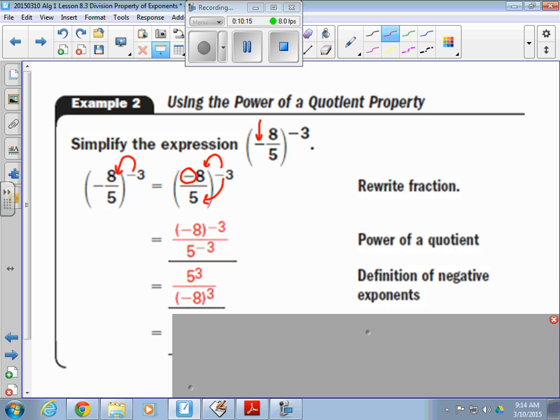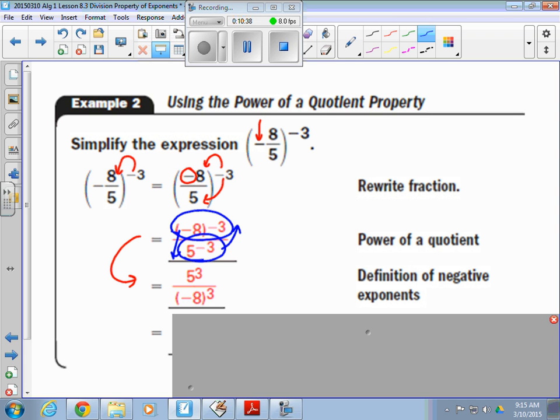Notice right here it says the definition of negative exponents. What it does from this step to this one is it flips it. Since it's a negative, remember, it rides the elevator. This goes down, this comes up. Notice on the next line, 5 to the third positive is at the top now. The denominator became the numerator.